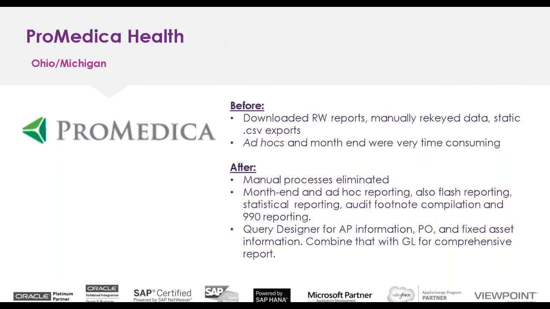On the next slide, I have an example of ProMedica Health, and I bring them up because they are tying all sorts of GL and non-GL information into the same spreadsheet. So in Anna's presentation, halfway through, we're going to talk about the ability to bring non-GL areas into Excel from various data sources, all in the same spreadsheet.